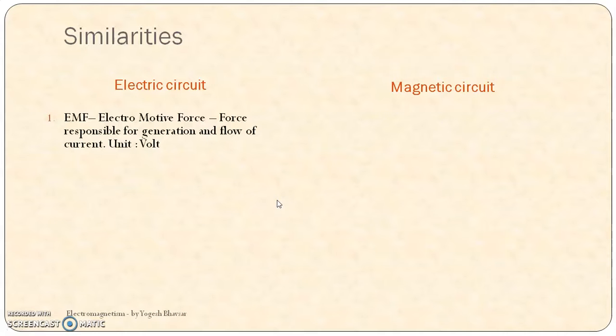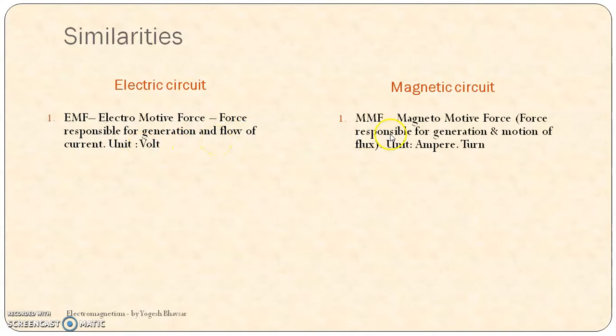In electric circuit, as I said, there is an electromotive force, the force which is responsible for the generation of the current, which is measured in volt. In the magnetic circuit there is an MMF, magnetomotive force, which is responsible for the generation of flux, which is measured in ampere turn. The next point is the current, which is the rate of flow of charge, unit is ampere.